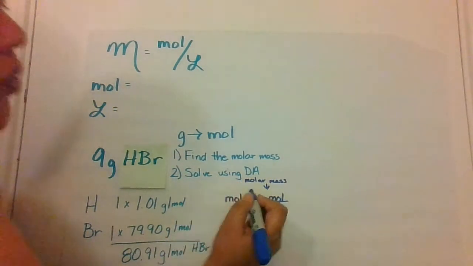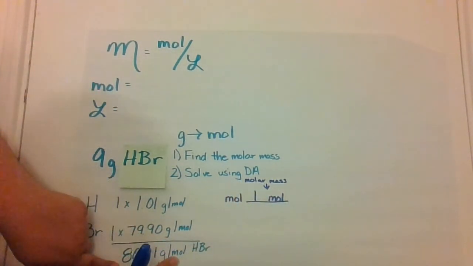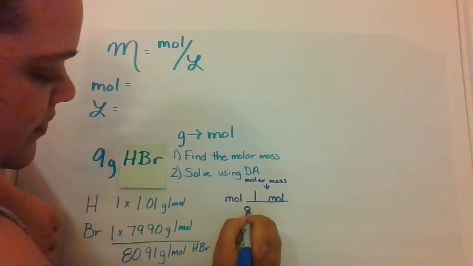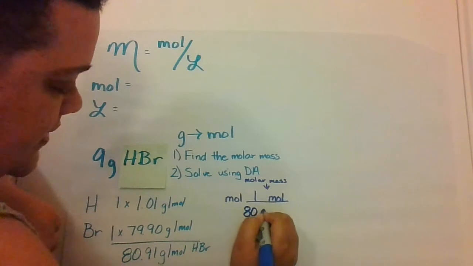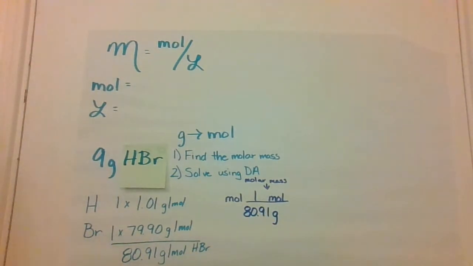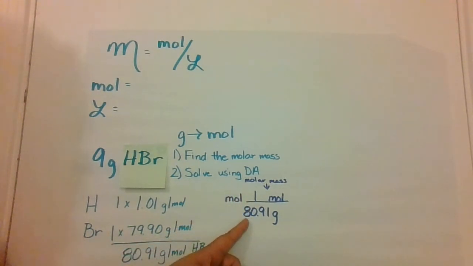So we have 1 mole, because we have 1 mole here. And then what is that 1 mole married to? 80.91 grams. Does everyone see that? Here we have 80.91 grams per mole. It's the same as saying for every 1 mole, I have 80.91 grams.